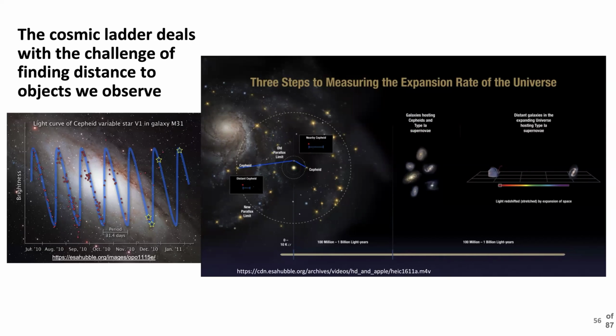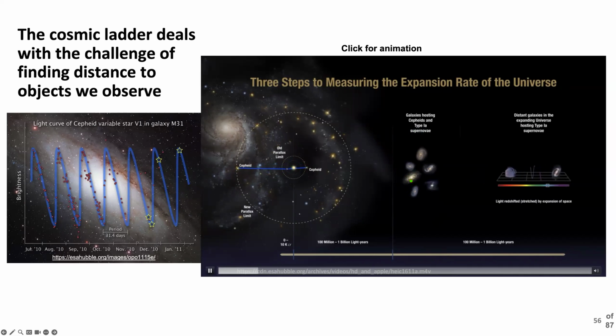And by measuring that output power, we can get the distance to the galaxy they're embedded in. So it's a long, complicated thing. There's much more to it, of course, but it's a long, complicated thing to figure out how to find the distance to distant stars or galaxies. Getting the velocity is easy using redshift.